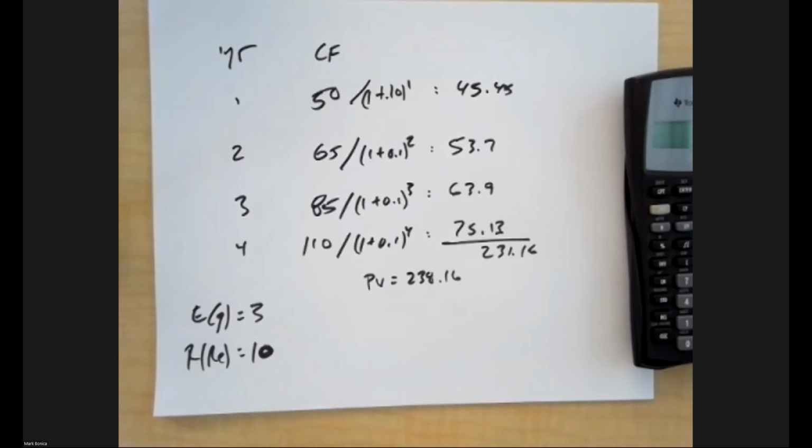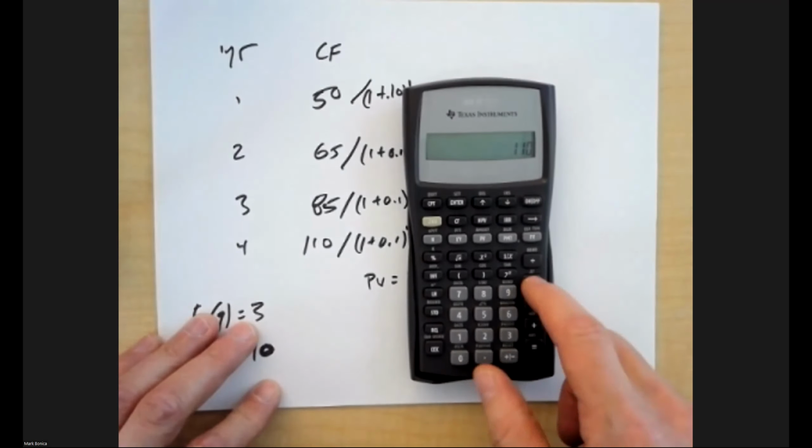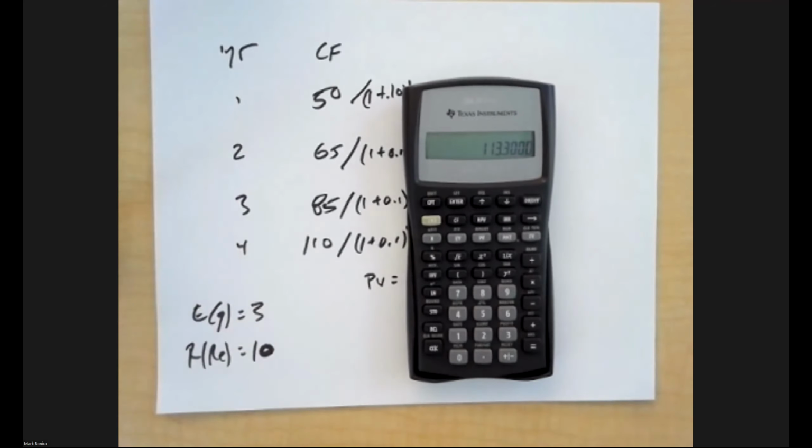That would give us the year 5 earnings. That's 113.30. So in year 5, they're going to make 113.30. And then in year 6, they're going to take the 113.30 times what?